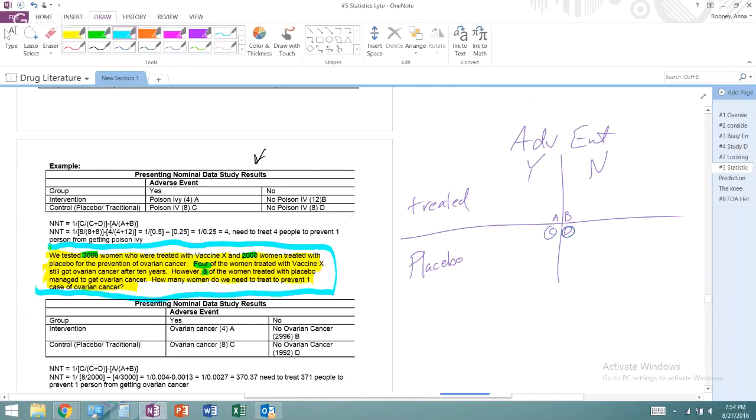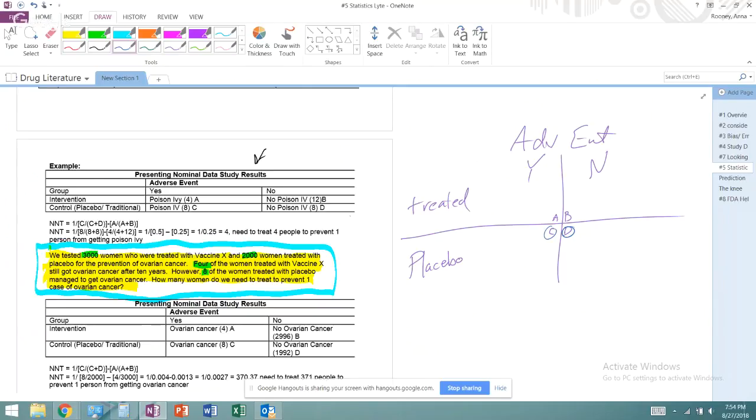This is what we're going to see on the exam, is something like this. Not exactly this, but something like this. So you will see that you'll get a total population. So we have 3,000 women that were treated with the vaccine and 2,000 women that were given the placebo. So that is your total population. That's not the difference between the ones who have had the adverse event and those who did not.